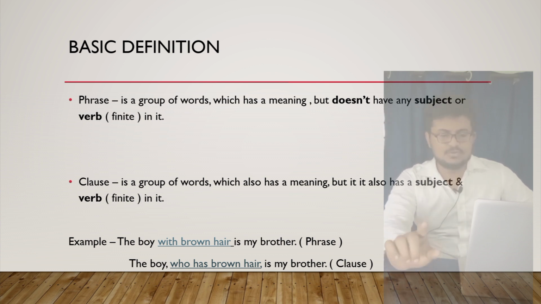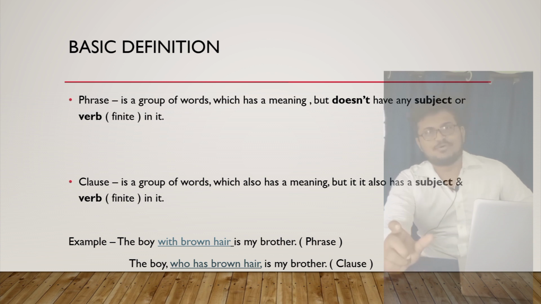So here, in "who has brown hair," "who" is the subject, and "has" is the verb. We know have, has are helping verbs, auxiliary verbs. So this is a verb, and "brown hair" is the object part in this part, which is formed like a sentence.